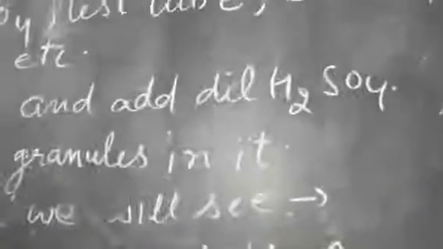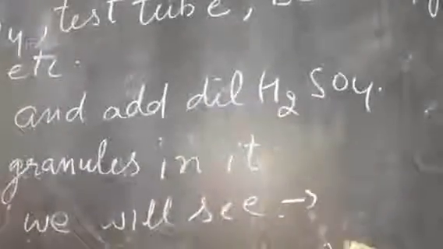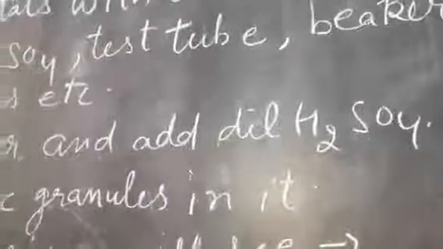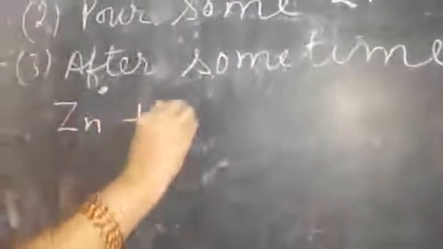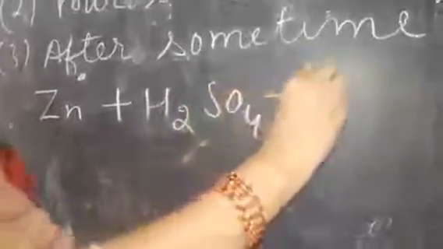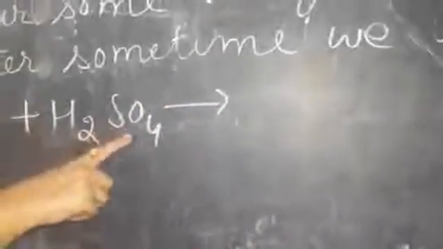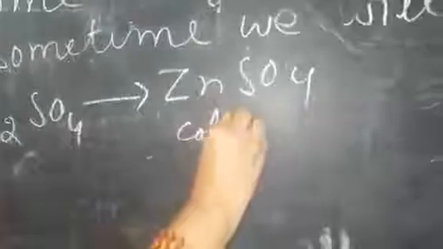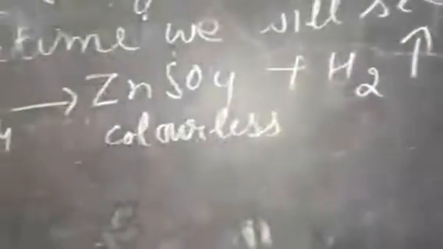Zinc is a metal, silver grey in color. When zinc reacts with H2SO4, what will happen? Zinc combines with sulfate, then zinc sulfate, a colorless liquid, is formed, and hydrogen gas is evolved in that case. And also in that case the test tube will be warm.